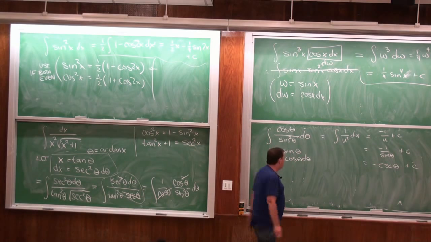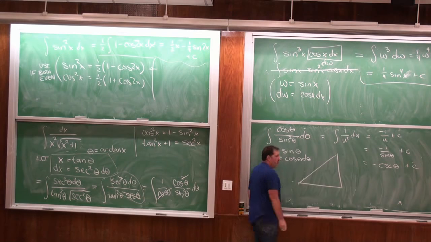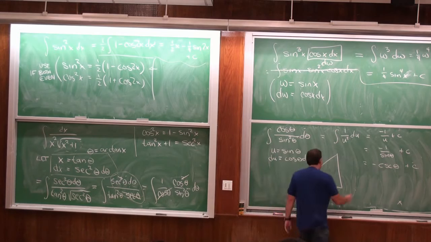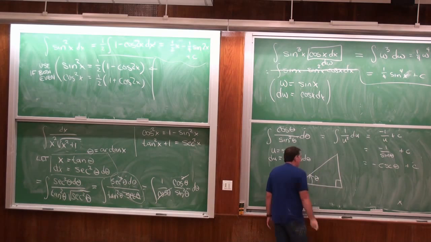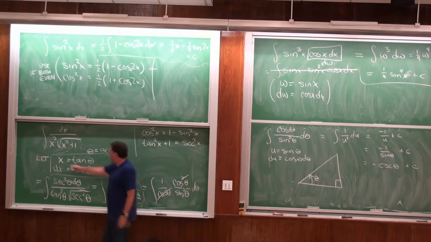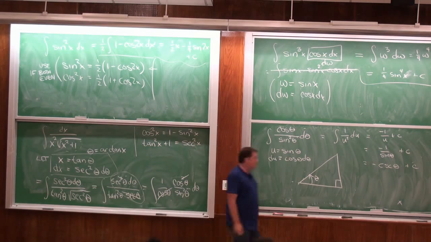So I want to draw a picture. I'm going to draw a right triangle, so you have to remember some trigonometry now. And I'm going to let this angle be theta. Now, if this angle is theta, x is the tangent of theta, because that was the choice I made.